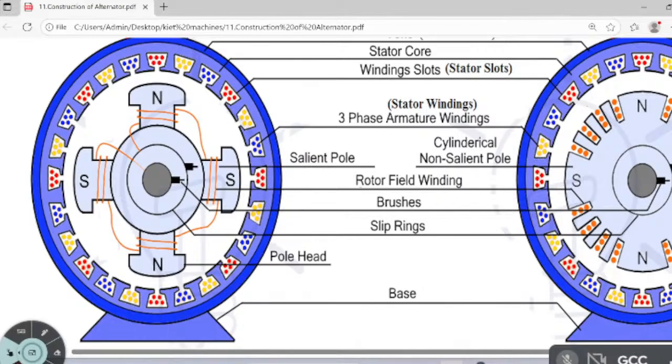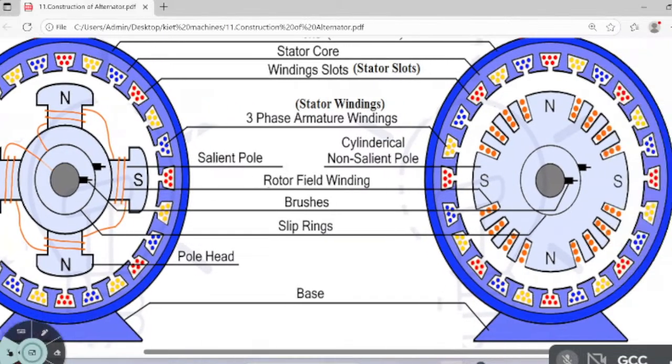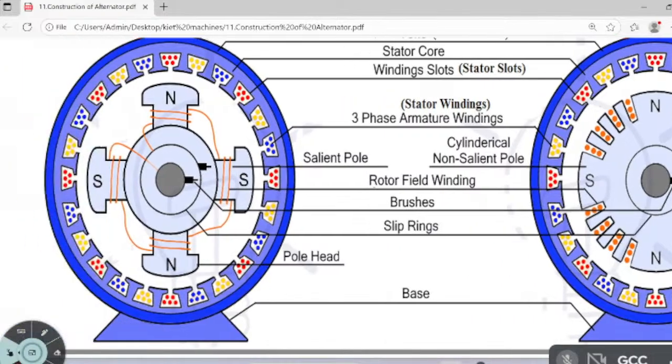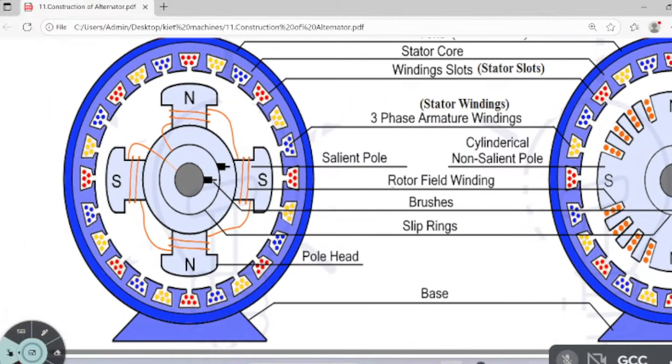Here also it is the same: the field is in the rotor, with slip rings and brushes. These are called slip rings. You can draw anything, not both, just one. Whichever is easy, learn that one and draw it.